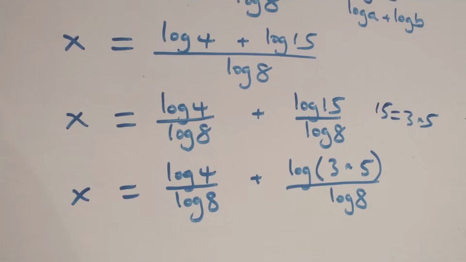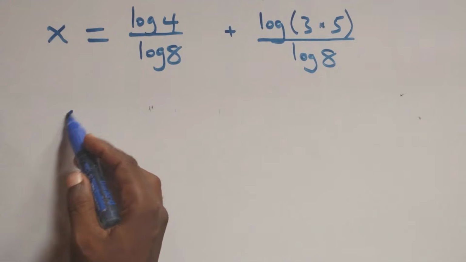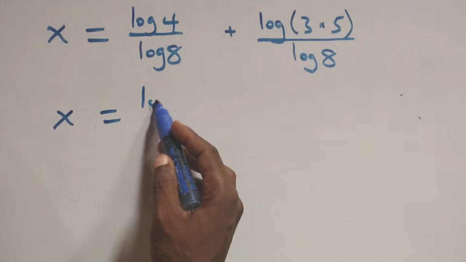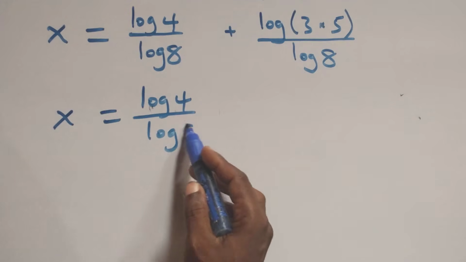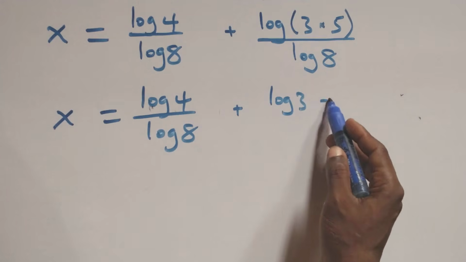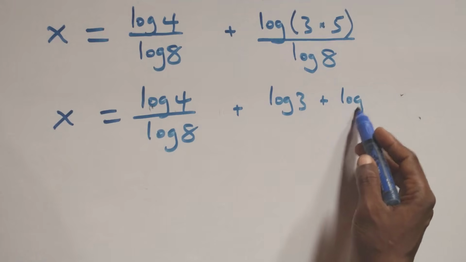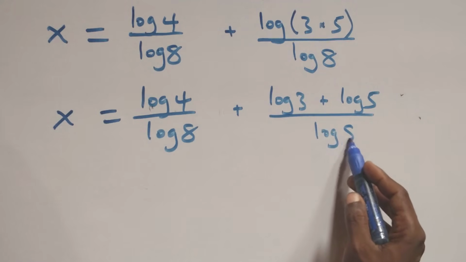Then, next step here, this also follows the law of logarithm, and we have x equals log 4 over log 8 plus log 3 plus log 5 over log 8.